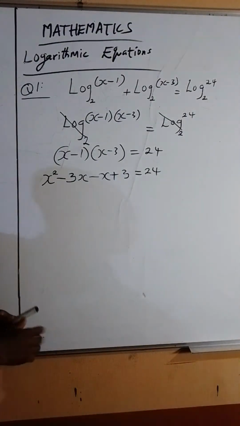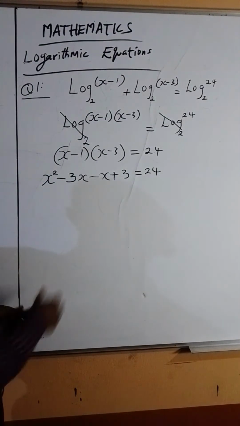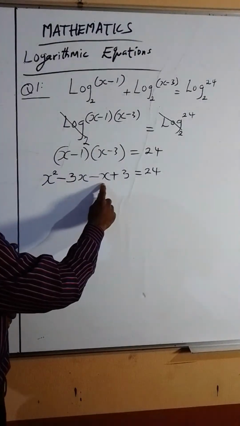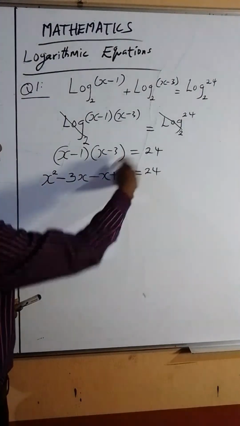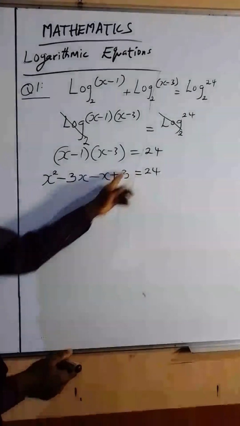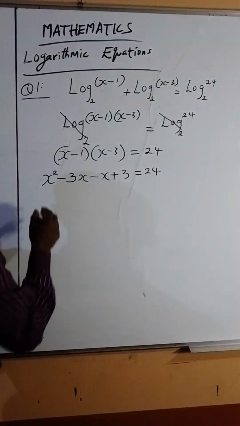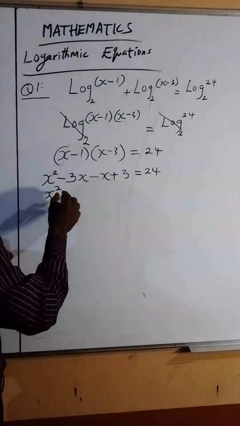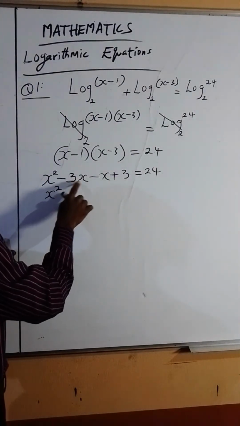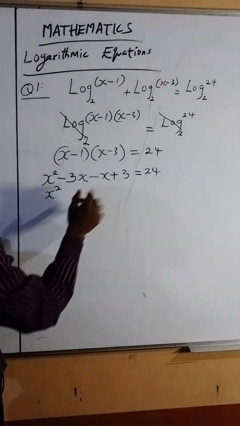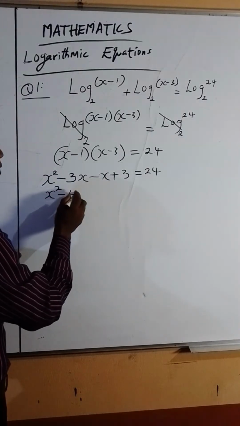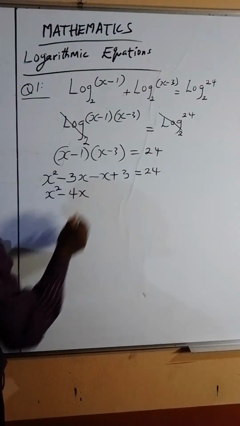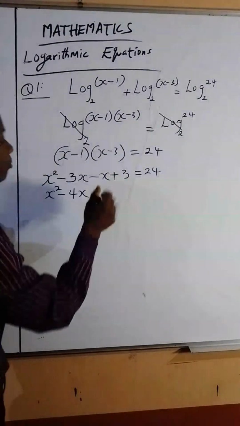So the next thing we are going to do is to simplify. But before then, we can bring this 24 to the left-hand side. So if we do that, we are going to have x squared, then minus 3x minus x, and that will give us minus 4x. Then here we have plus 3.